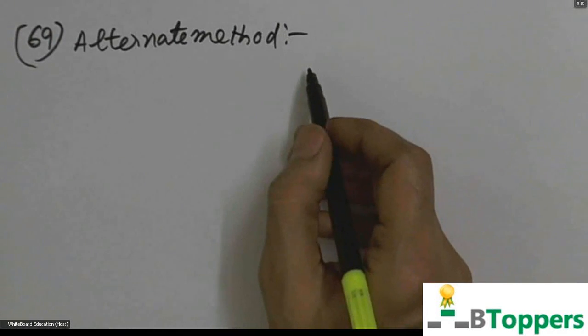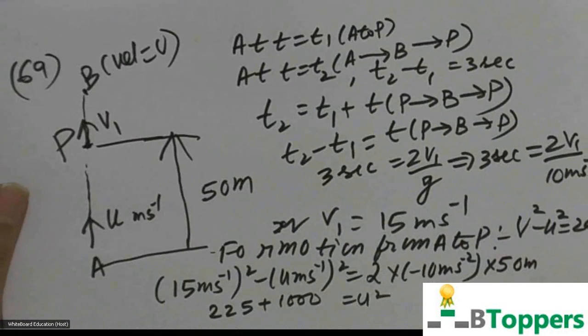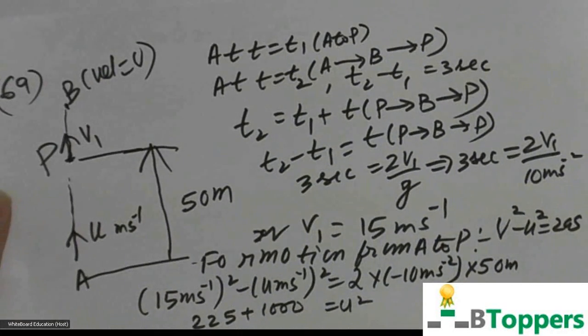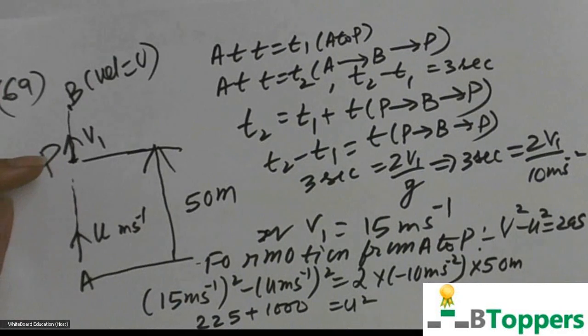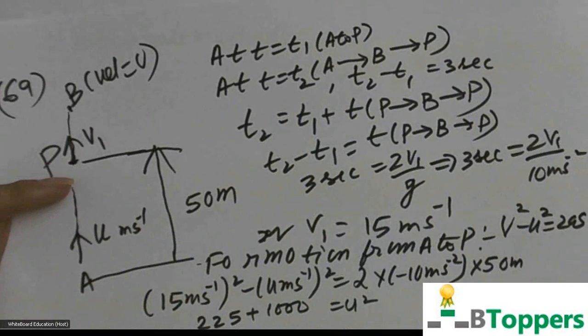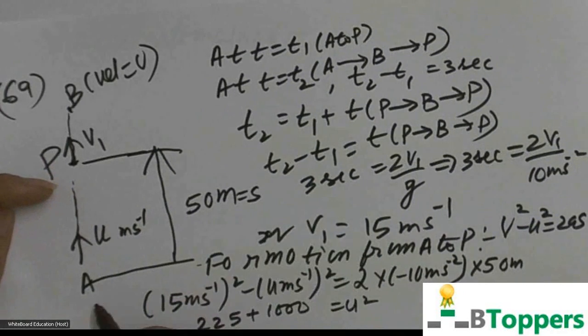So I would like to discuss an alternate method for the same question, question number 69. You can see the solution of question number 69, which I discussed earlier. The body is found at the point P at the two instants of time t equal to t1 and t equal to t2 after projection. At both these instants, it has the same value of displacement measured from the point of projection.